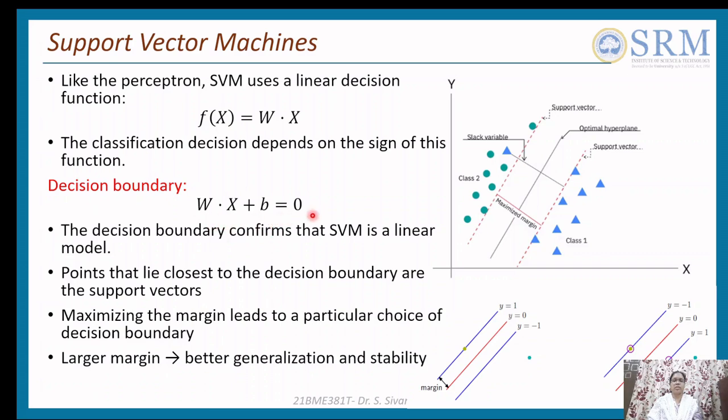We have already seen this decision boundary in the perceptron, which is a linear model, so this confirms that the SVM is a linear model. The points closest to the decision boundary are called support vectors, as you already saw. When we have a larger margin, it has better generalization and stability. Your stability of the network becomes very good.